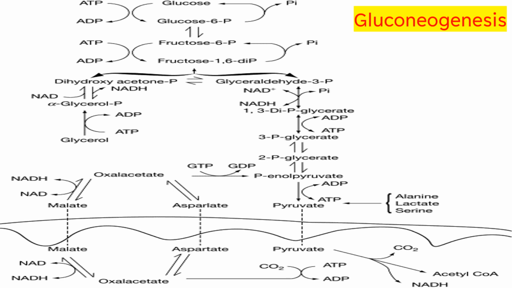The precursors of gluconeogenesis are lactate, glycerol, amino acids, with propionate making a minor contribution. The gluconeogenesis pathway consumes ATP, which is derived primarily from the oxidation of fatty acids.